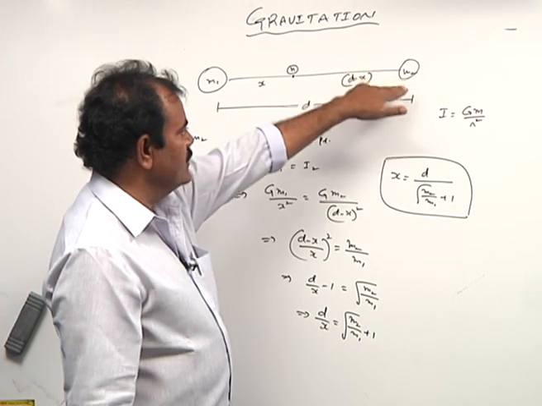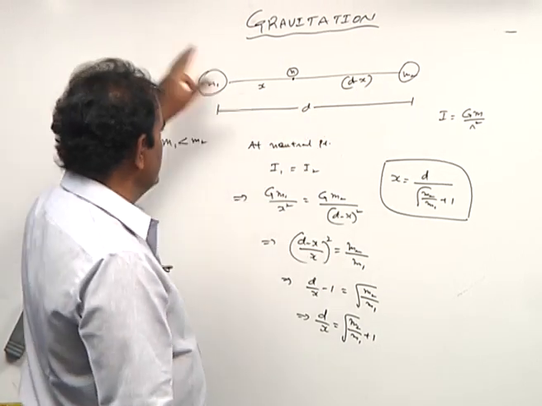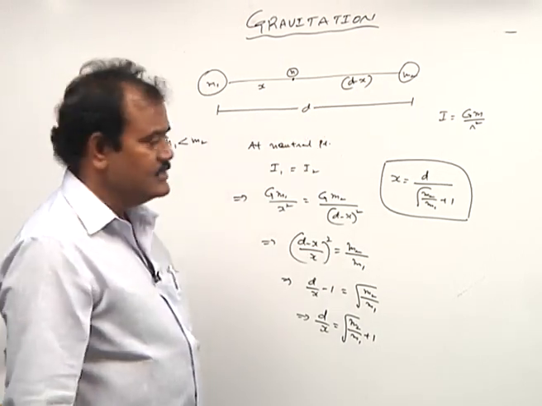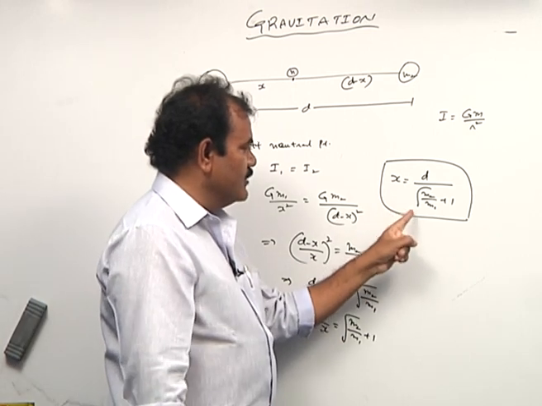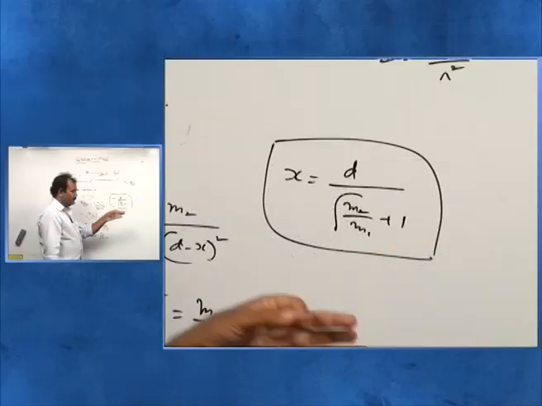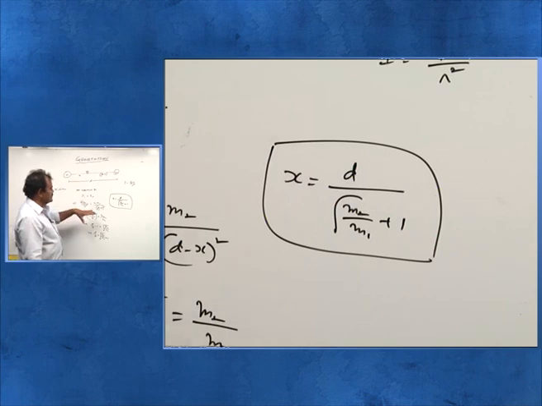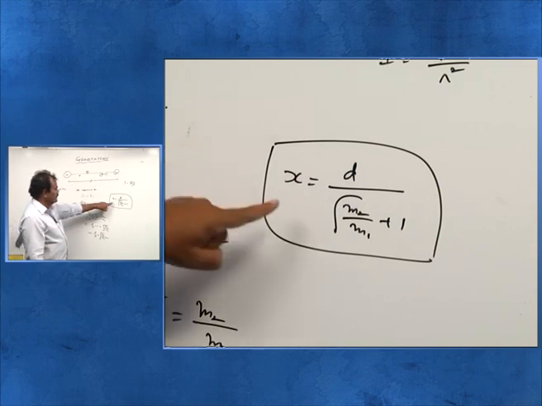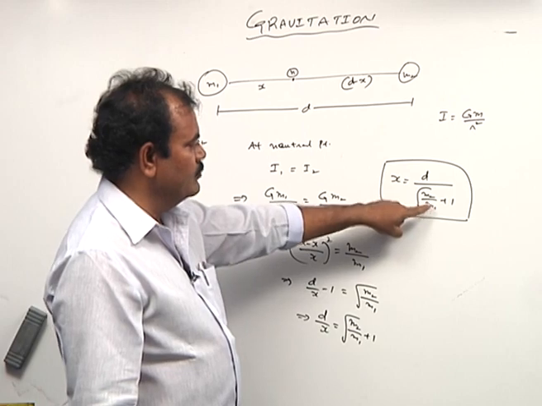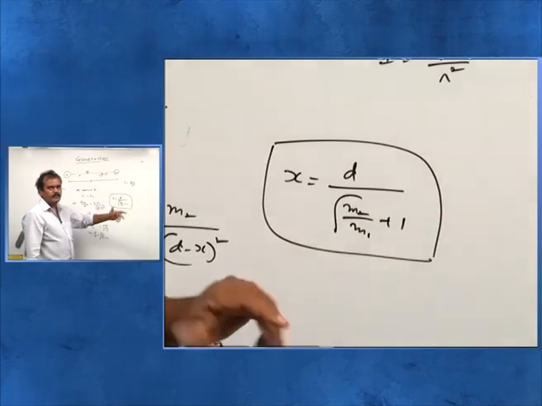If they are unlike charges, the neutral point will be formed outside the two charges. For masses, x is equal to d by root of m2 by m1 plus 1 only, because a repulsive force between two masses is not defined and cannot exist at all. It is only the attractive force, so it cannot be plus or minus 1.